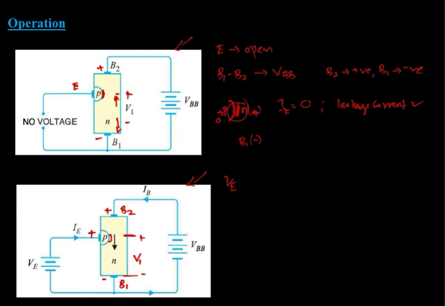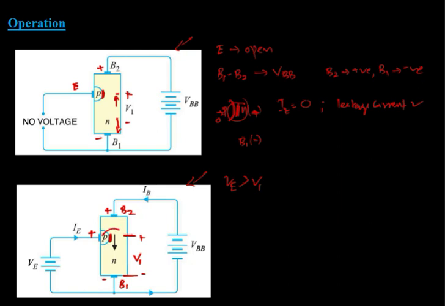This PN junction will be reverse biased until the voltage applied here, that is VE, is less than the voltage V1. If the input voltage to the emitter VE exceeds the voltage V1, the PN junction becomes forward biased. Under these conditions, more holes are injected from the P-type material into the N-type bar.